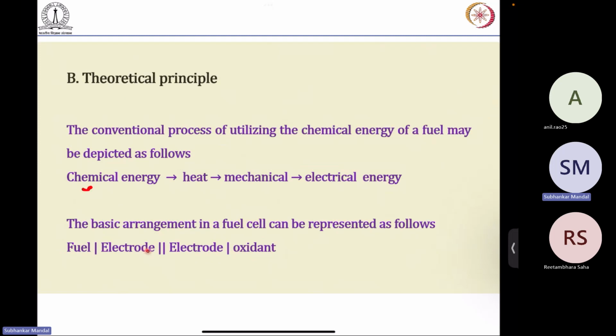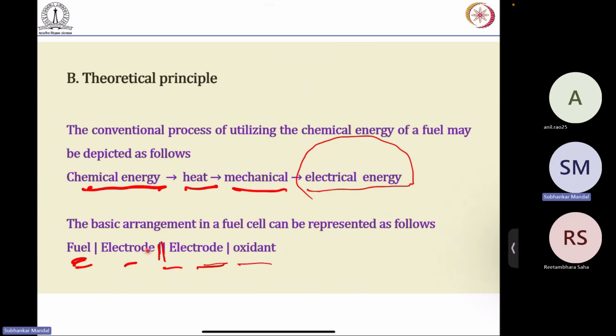Basically your chemical energy goes to heat, then to mechanical energy, and finally to electrical energy. And in the basic arrangement or cell representation of the fuel cell, you have the fuel and electrode, separated by electrolyte, then the other electrode and the oxidant. Okay, so this is the thing.